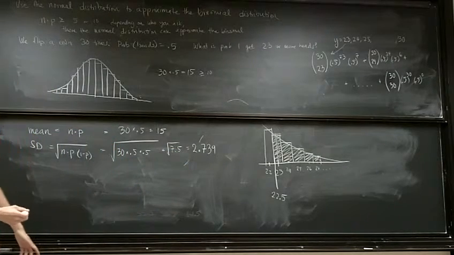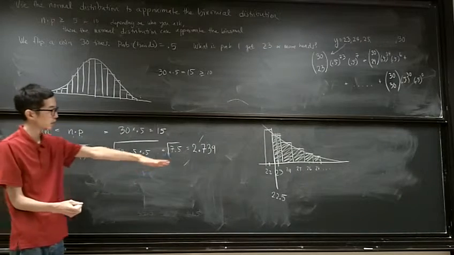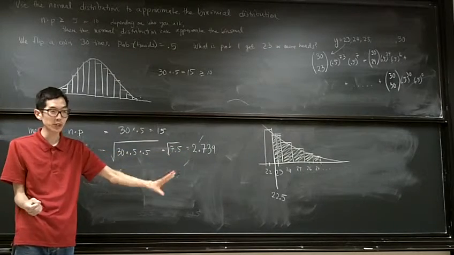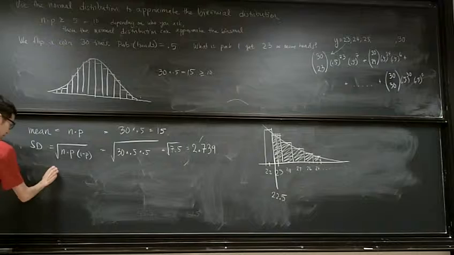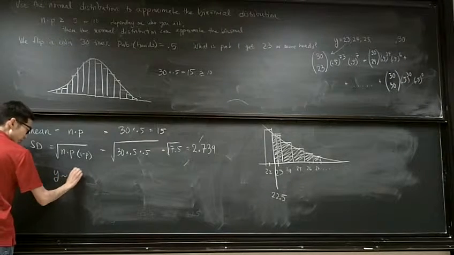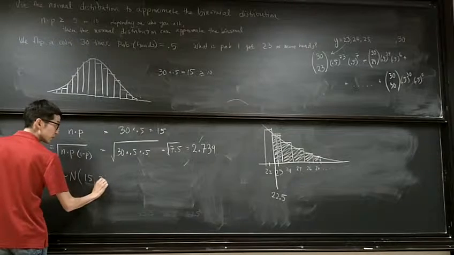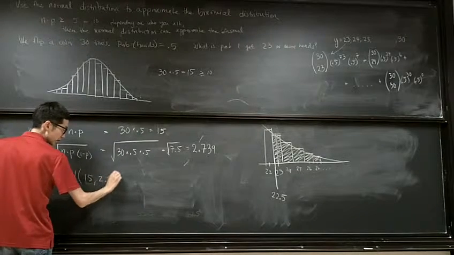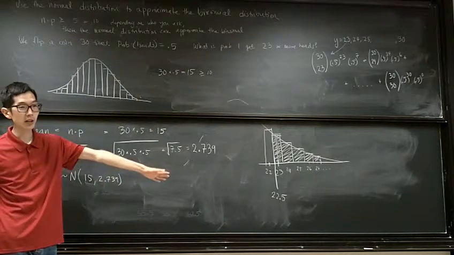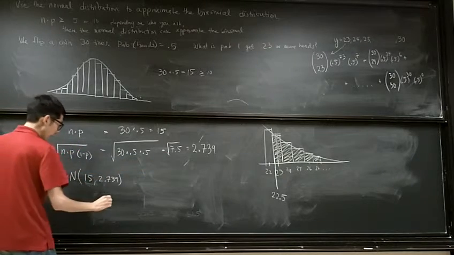So at this point, it becomes a normal model problem. Y comes from a normal model with mean 15 and standard deviation 2.739. And now I'm drawing my cutoff at 22.5.